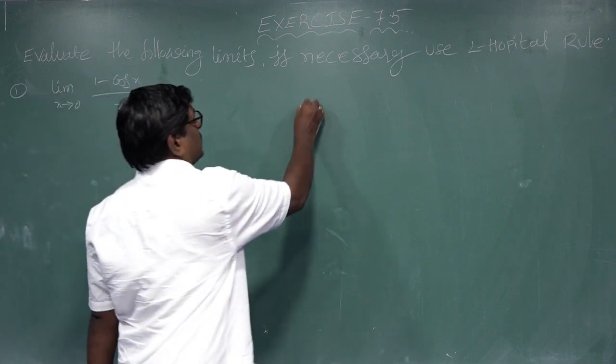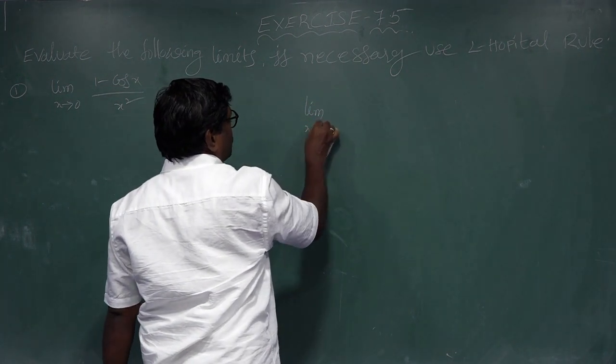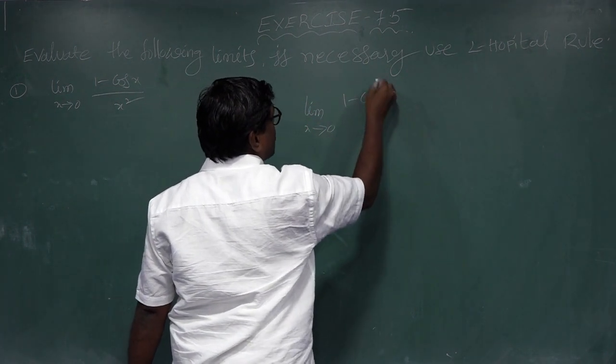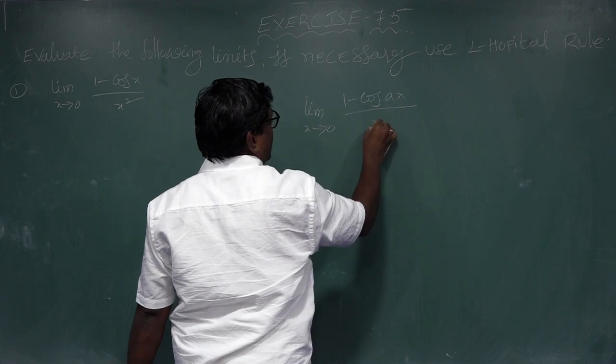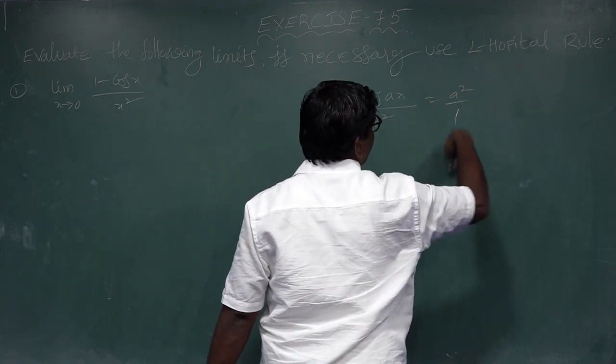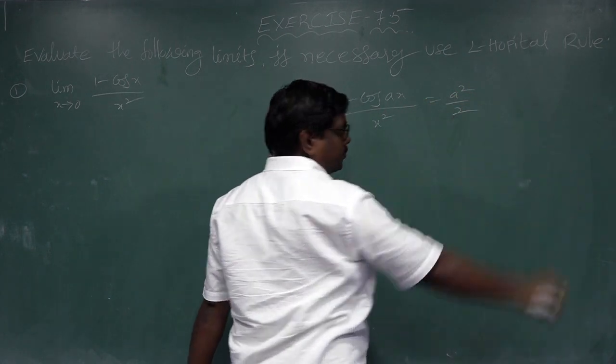The formula is limit x tends to 0 1 minus cos of ax by x square equal to a square by 2.